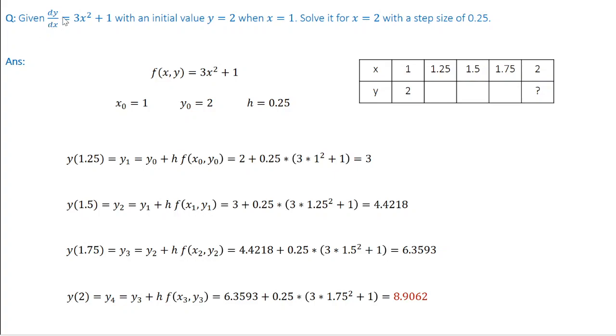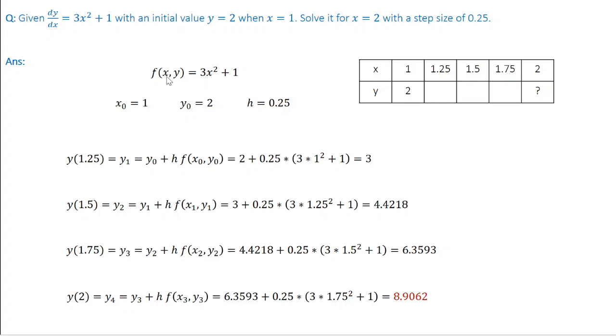Let's do a quick problem. Given the differential equation dy by dx equal to 3x squared plus 1, with an initial value y equal to 2 when x equal to 1, solve it for x equal to 2 with a step size of 0.25. So the derivative dy by dx, or f of x, y, equals 3x squared plus 1.